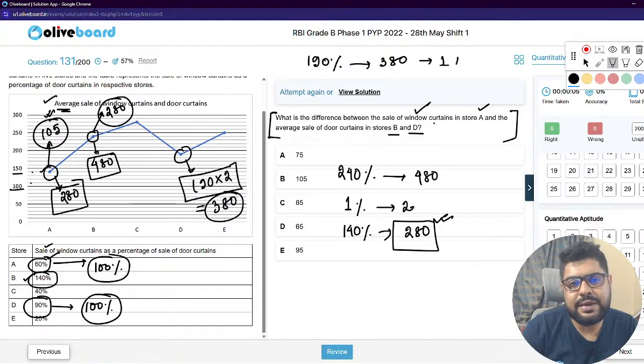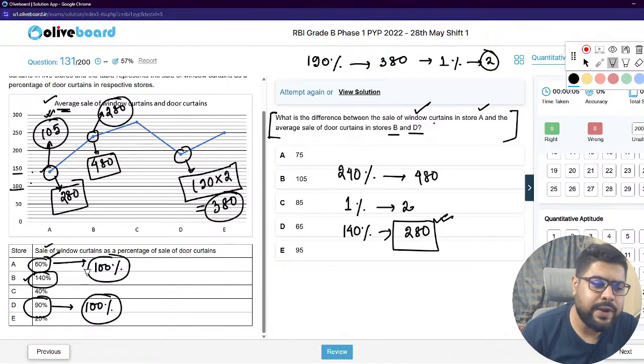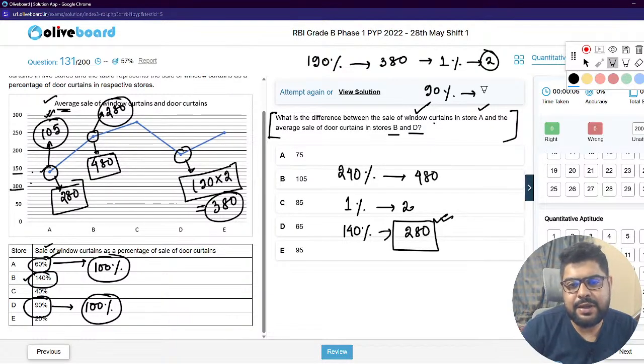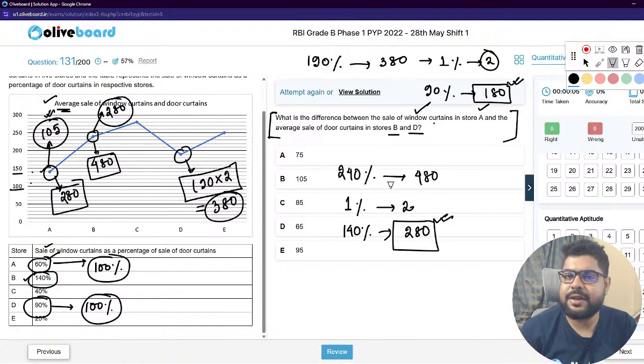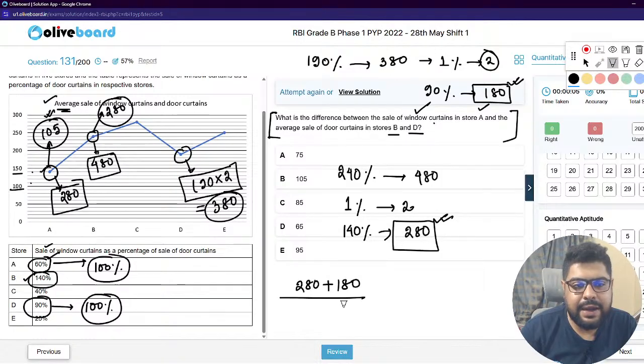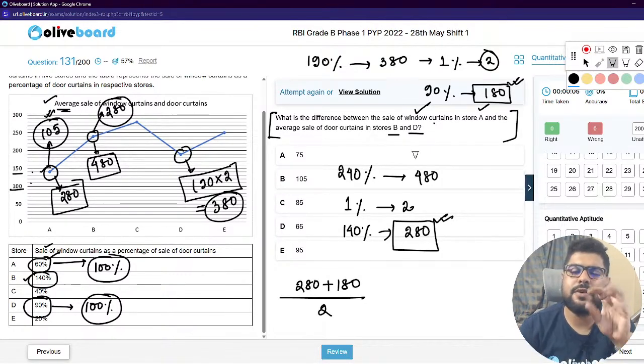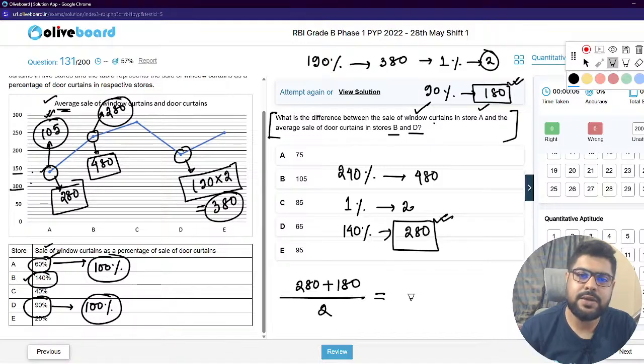So 1% represents 2. And 1% represents 2 means now window curtains was how much, sir? 90%. So 90% represents 180. Now they are asking the difference between the averages. Now one is 280, another is 180. So 280 plus 180 divided by 2, sir. This is the average number of door curtains that was sold.